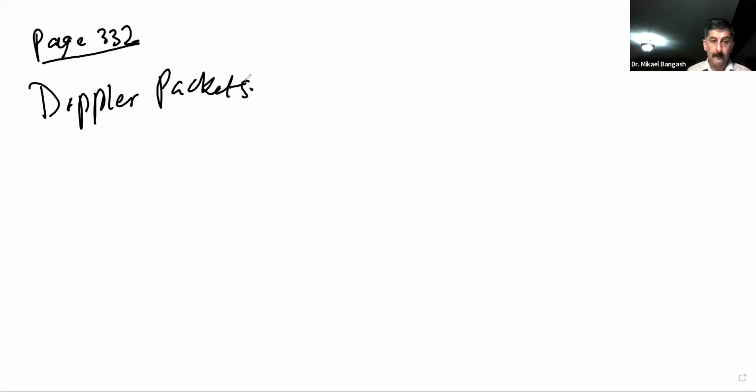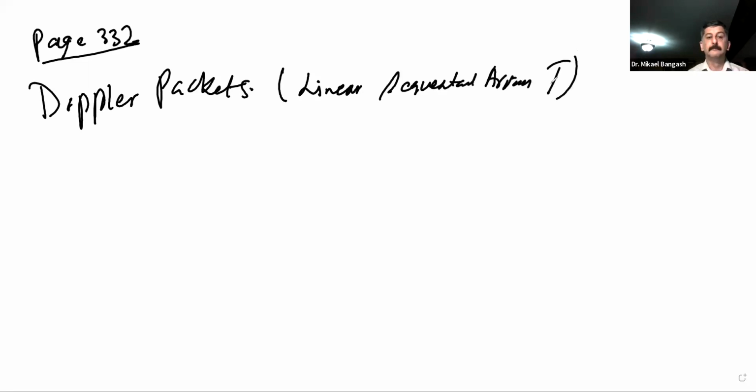And for this one, yesterday, if you remember what I said about the linear sequential array transducer, there's going to be a similarity between what we call pocket power packets or Doppler packets.